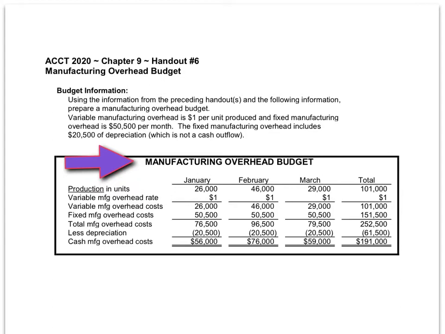Okay, so we go to the manufacturing overhead budget, and our total overhead is $252,500, and we're going to divide that by our total production in units of 101,000.